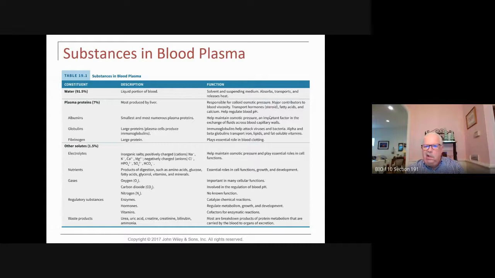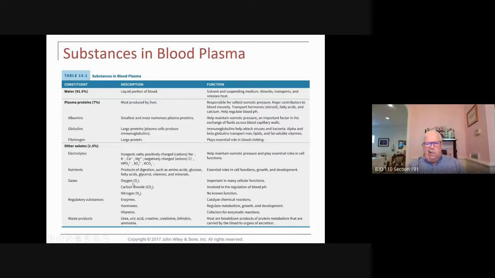Their function is to maintain osmotic pressure. But when we talk about osmotic pressure, we talk about albumin. These plasma proteins are made in the liver. That is extremely important.